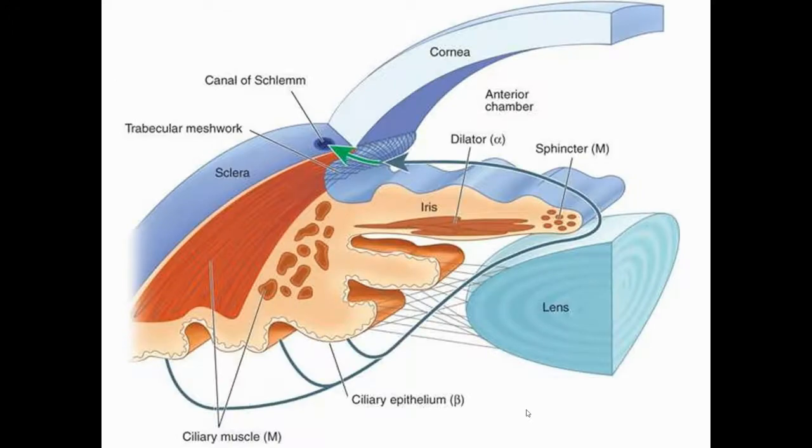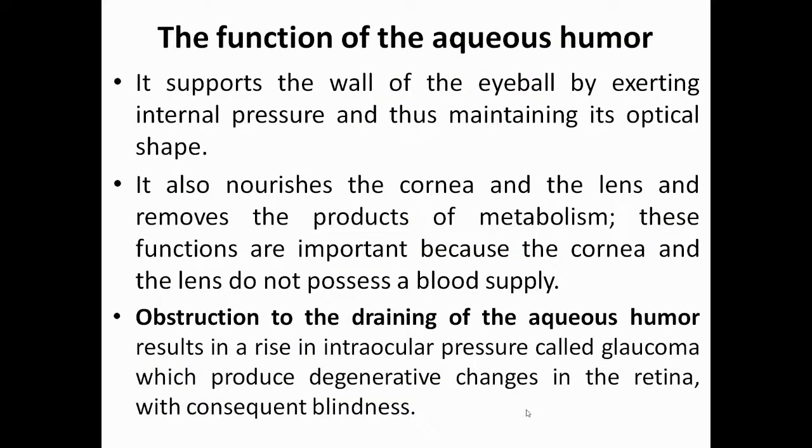So this is the canal of Schlemm. You can see here the way of drainage of the secretion. Now we will see the functions of the aqueous humor. First, it supports the wall of the eyeball by exerting internal pressure and maintaining its optical shape.